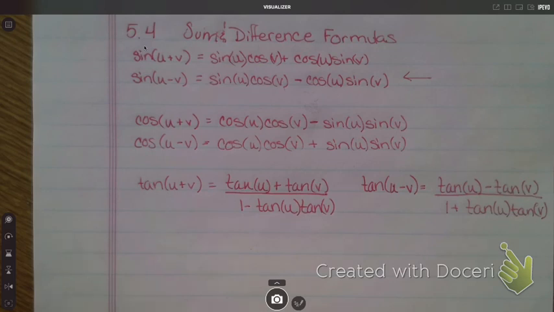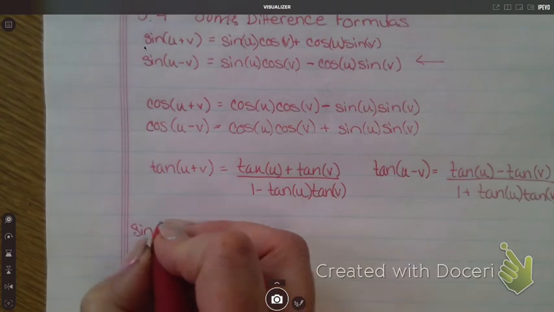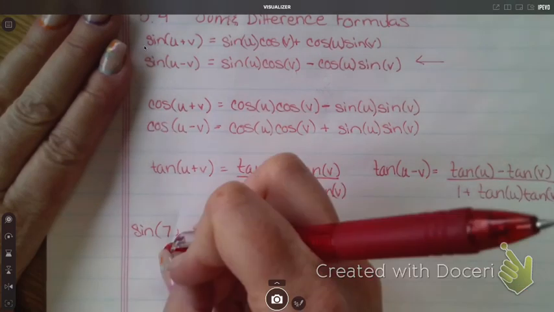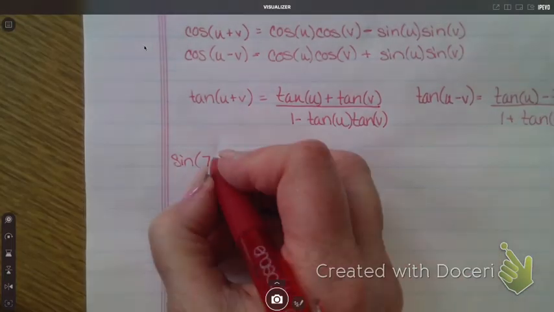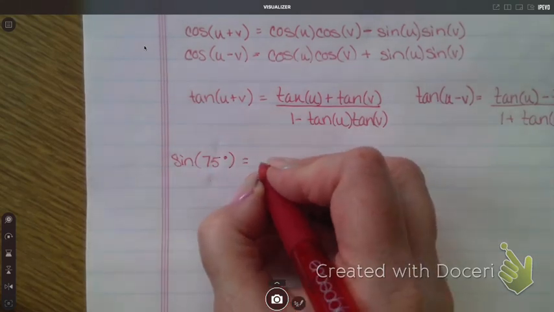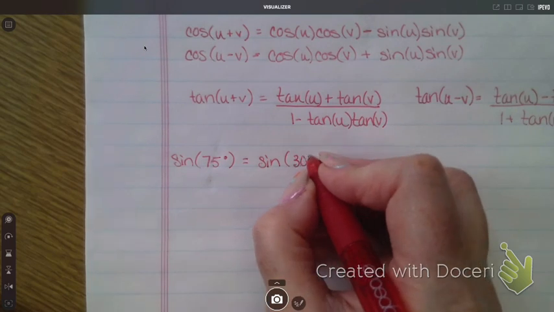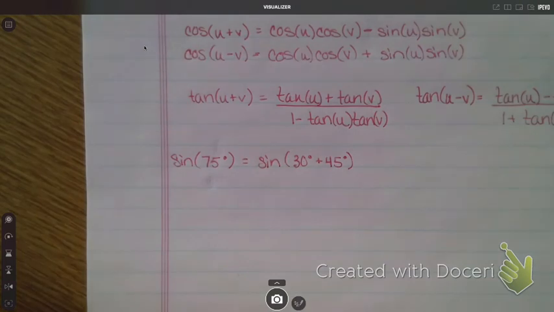Probably, yeah. 30 and 45. Okay, so if I do the sine of 75 degrees, we can do the sine of 30 plus 45. Could I do 45 plus 30? Yeah.